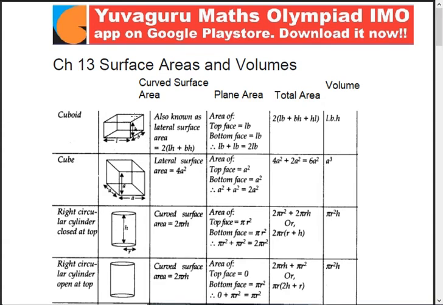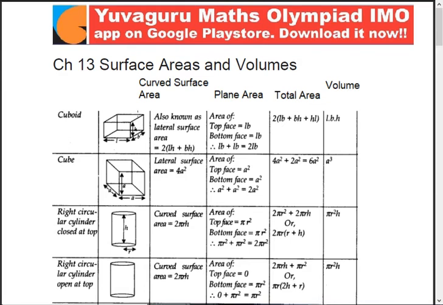Now, in surface area, there are two types of areas. One is lateral area. Lateral means vertical. A cube has four lateral areas, and the curved area of a cylinder is a lateral area.